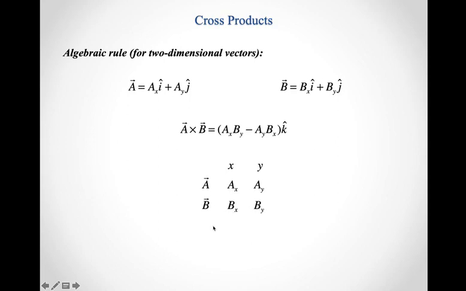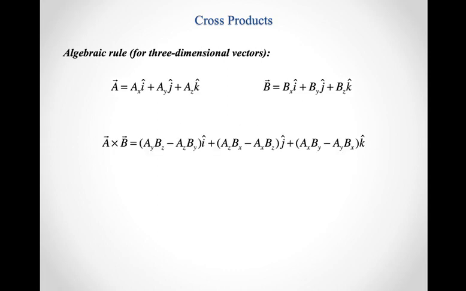I'm going to multiply ax times by, then subtract ay times bx. You can see here's where the cross comes in my cross product. This gives me the value of the cross product, and that's the z component, so in the k hat direction.